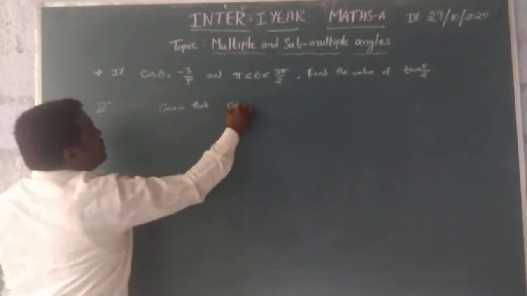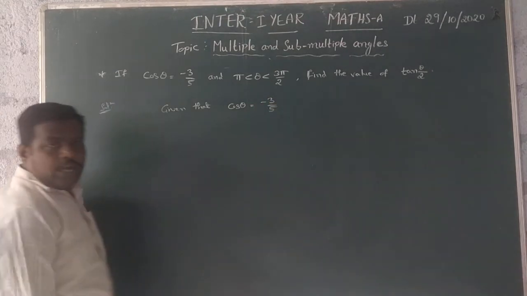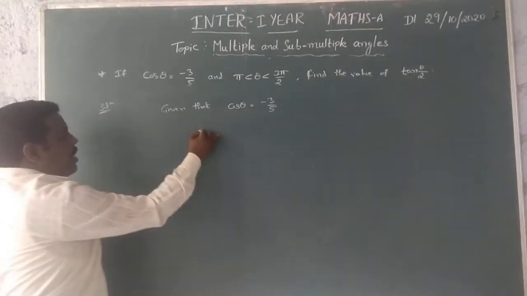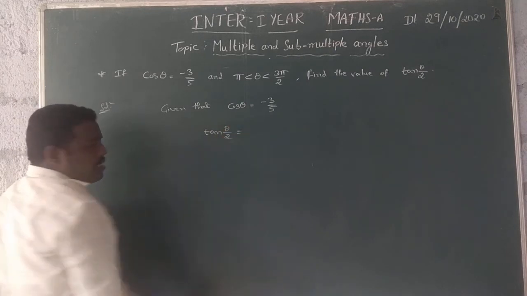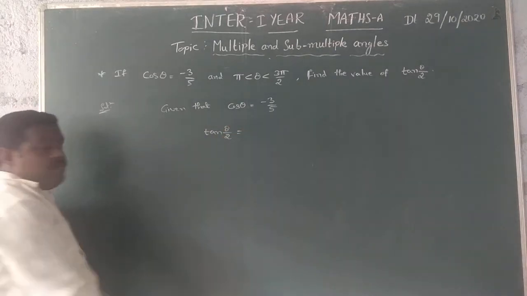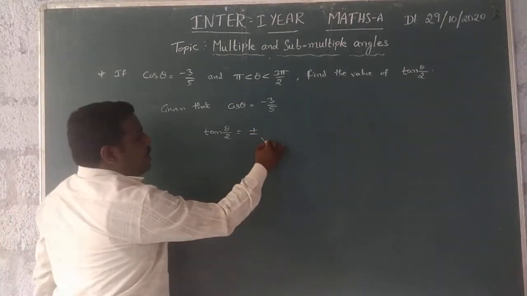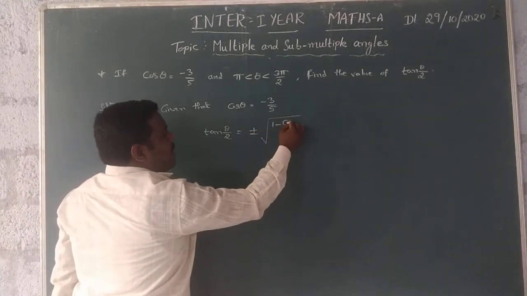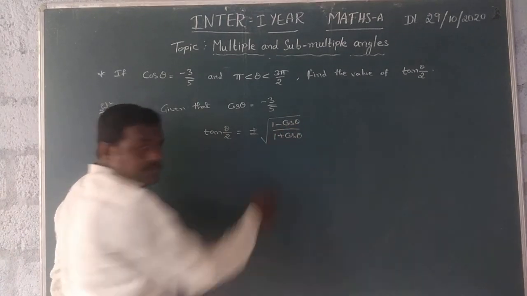Okay. Here, what are the given values? Given that cos theta is equal to minus 3 by 5, we can find the value of tan theta by 2. Tan theta by 2 is equal to plus or minus under root of (1 minus cos theta) by (1 plus cos theta).